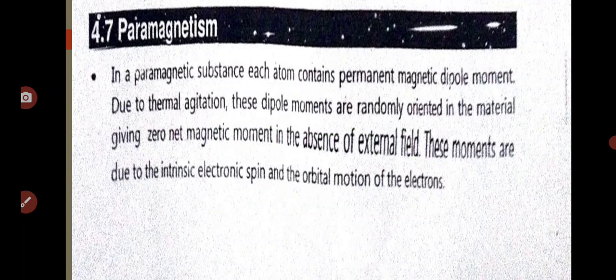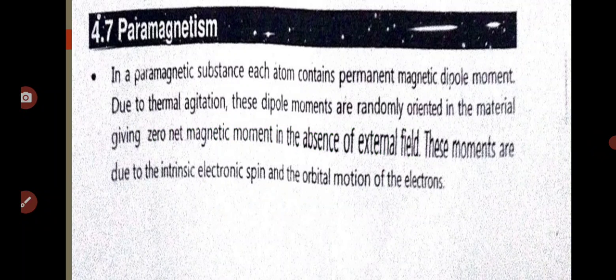If a substance is placed in an external magnetic field, diamagnetic substances are weakly repelled. For paramagnetism, the substances are weakly attracted, and in ferromagnetism, the substances are strongly attracted. After that, we saw the point of conductivity or superconductivity.